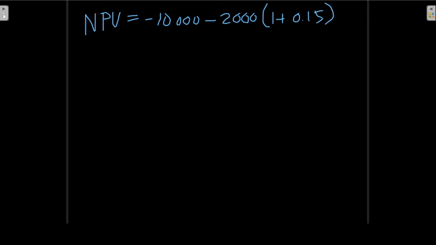Okay, so to get the net present value, we start out with an outflow of 10,000 rands, then a further outflow of 2,000 rands, and we want to move that 2,000 rands to time T0. So that will be, because we move it backwards, one time period, to the -1. Then we receive 5,000 rands.